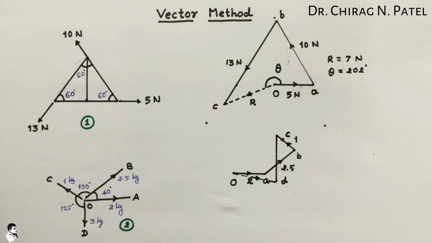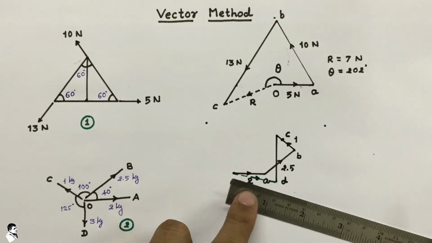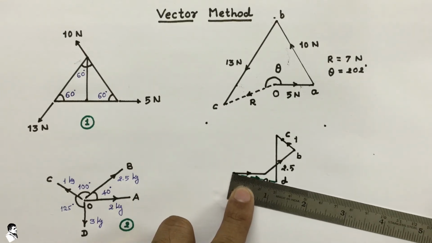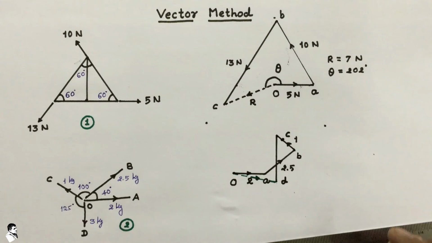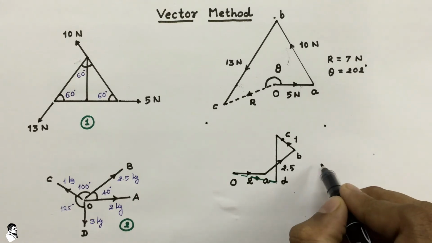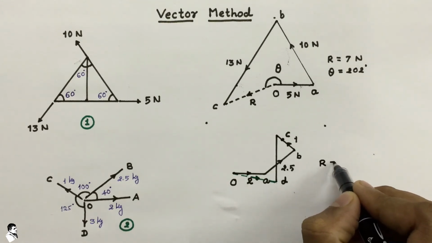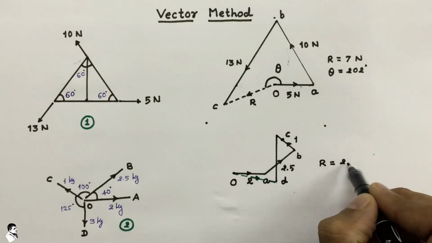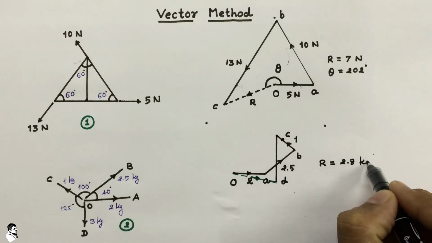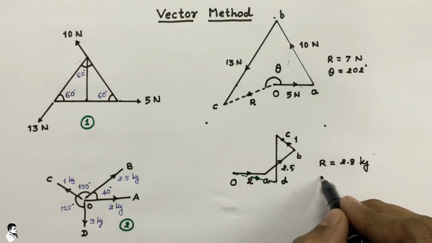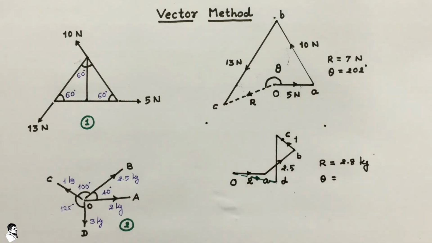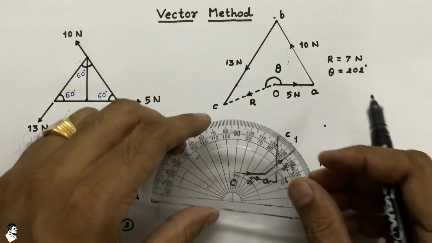In that particular case, if we want to measure the magnitude of that resultant, we measure that line, and that line is 2.8 centimeter. So we can say that the resultant is equal to 2.8 kg, and the direction of that resultant we again measure with the horizontal.